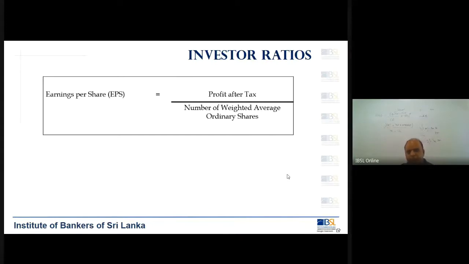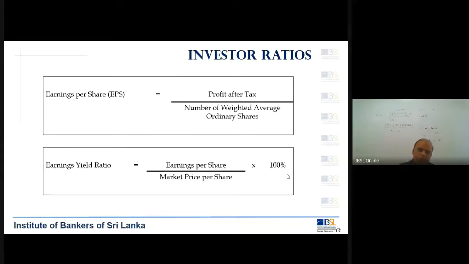When you divide profit by the number of shares, you will normally get a very small amount. Even though profit will be very high, in billions or millions, when you divide by the number of shares, which is also huge, you will end up with a small amount of rupees, maybe 5-10 rupees or maybe 20-30 rupees, depending on the performance of the company.